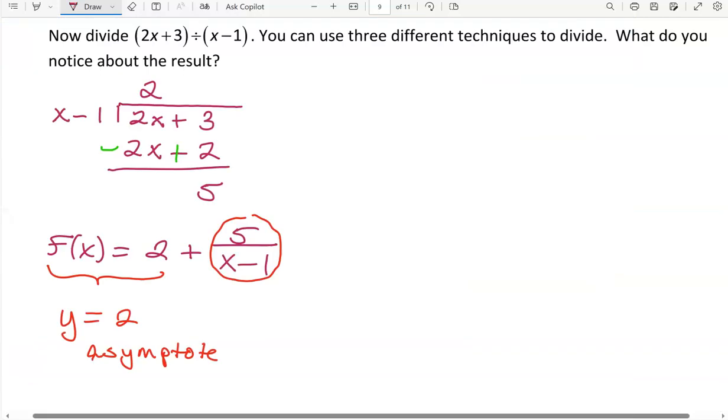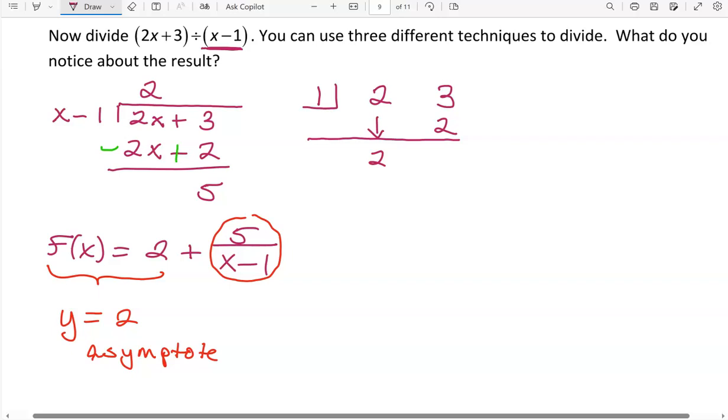Now there are other methods to do a division, and when you have a division in the form x minus a number or x plus a number, you may use synthetic division, and that may be preferable to you. We put the 0 of the divisor, 1, in the box, and then the coefficients of the dividend, which are 2 and 3, right next to it, skip a line, and then bring down the 2, multiply that by 1, and we get 2.